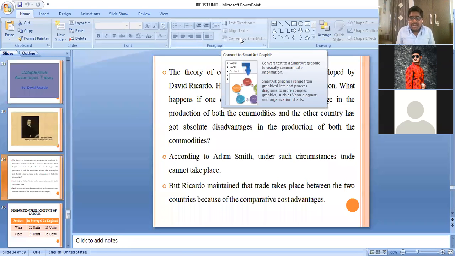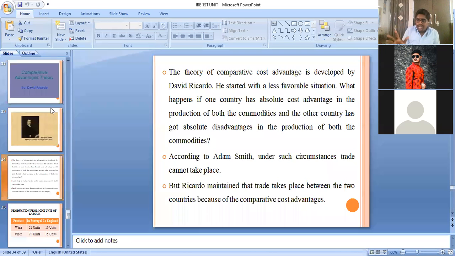But David Ricardo says trade can take place between the two countries because of comparative cost advantages.